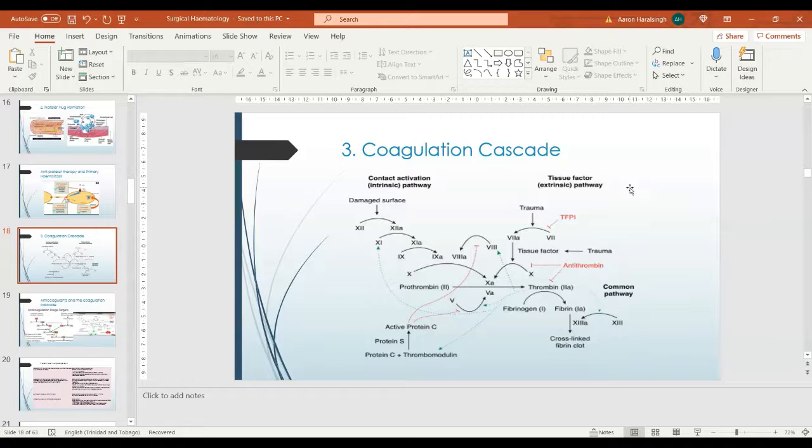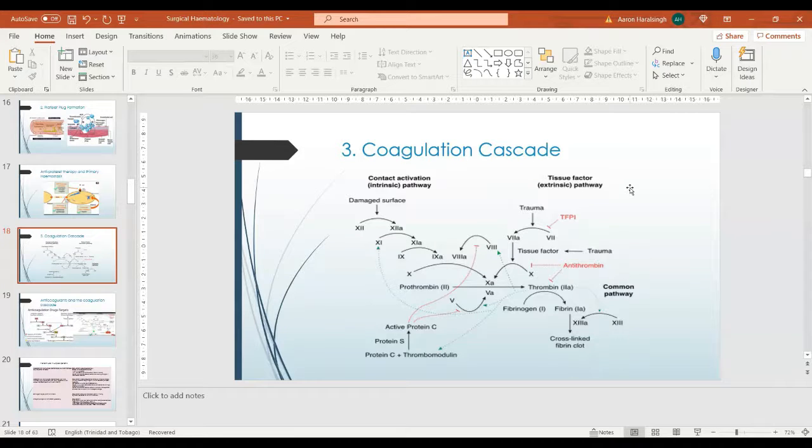And then the PTT evaluates factors 12, 9, 8, 10, 5, and 2. So the two factors that are common to both the PT and the PTT are factors 10 and 5, which are both parts of the common pathway.